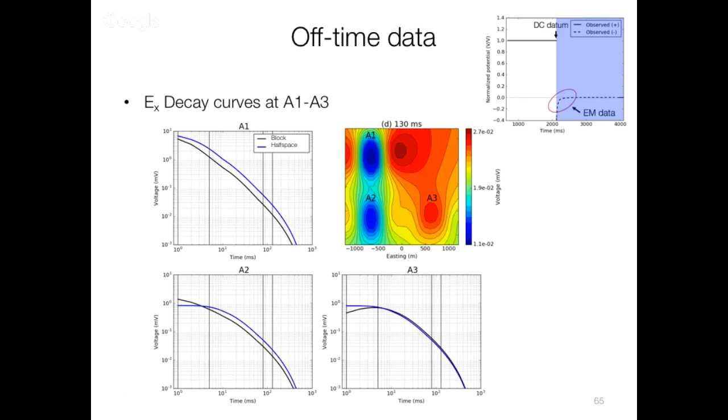And here's A2, and here's A3. So we've got decay curves then for each of those. You can see that there's really not much happening for A3 as far as that's that resistive block. So whether it's there or not doesn't do very much. But A1 and A2 definitely see something.